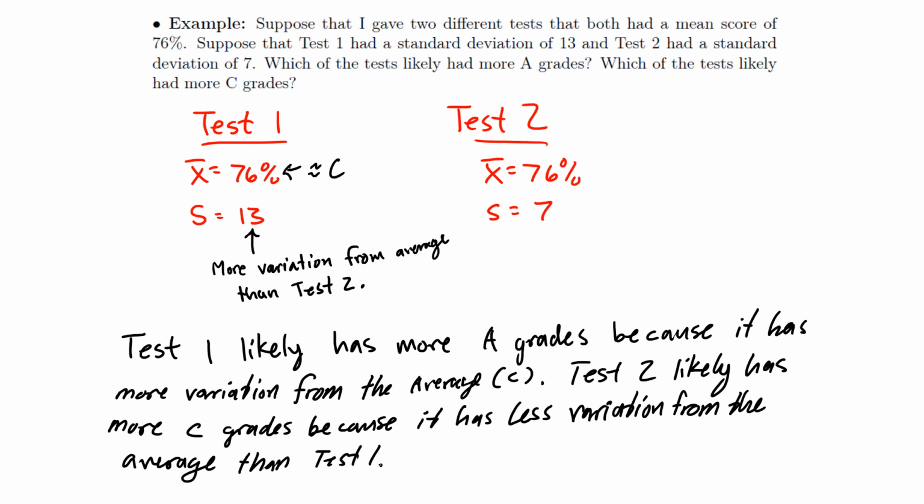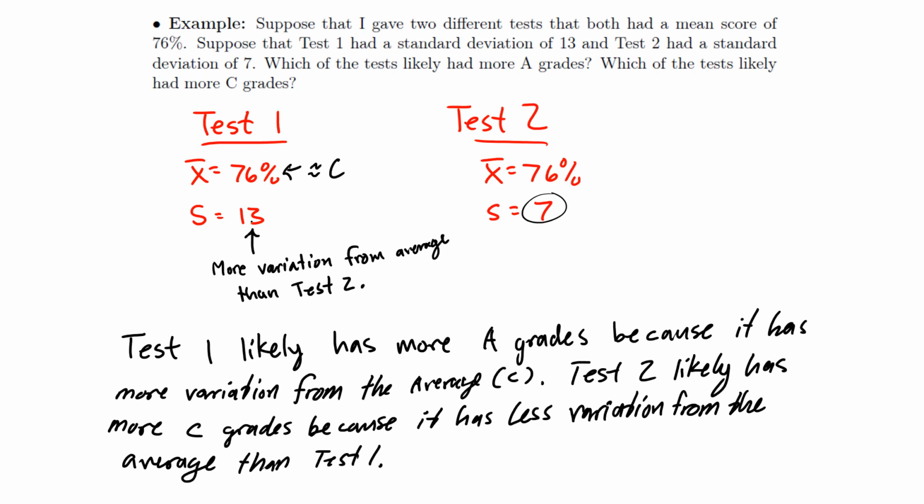So the fact that here we're getting a smaller number means the data is going to tend to be more tightly grouped around the average. So in here you're probably getting more C's, B's, D's, things like that, things that are close to a C, and maybe fewer A's or F's.